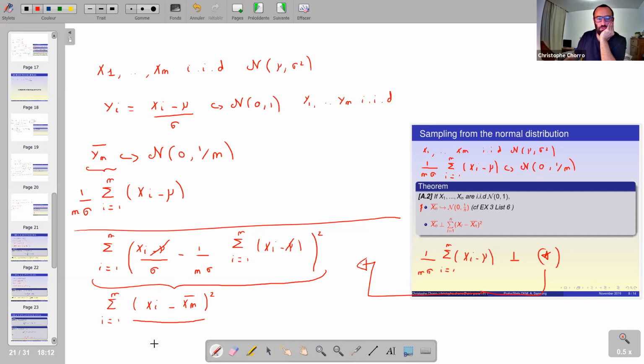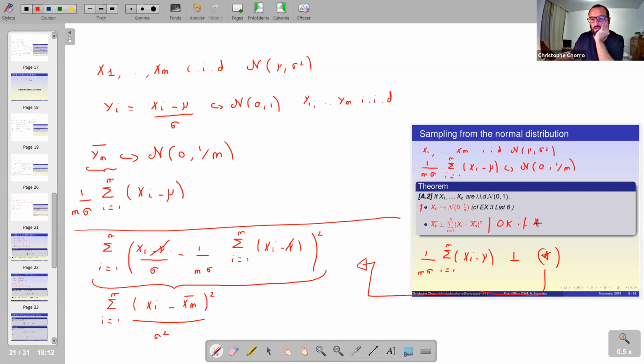So this one is independent of this one, and in fact it implies that this term, which is just up to a constant X̄n, is independent of this one.